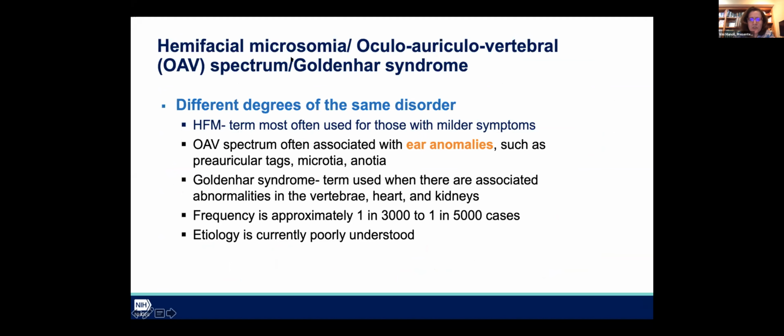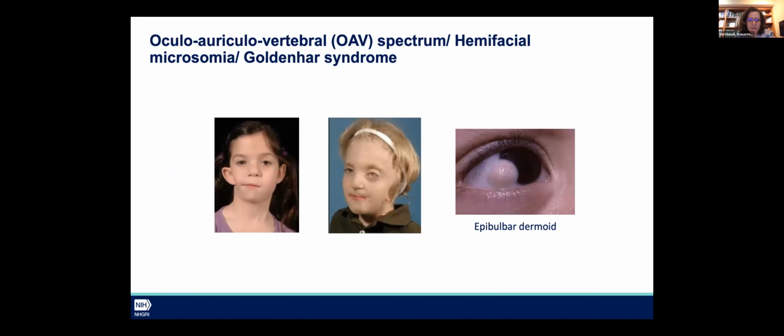We use hemifacial microsomia for milder symptoms, or oculoauriculovertebral spectrum when there are ear anomalies, Goldenhar syndrome when there are more vertebral, heart, or kidney anomalies, and currently no genes are associated with this syndrome, but you will definitely see children like this in clinic where there is hemifacial microsomia and associated findings.